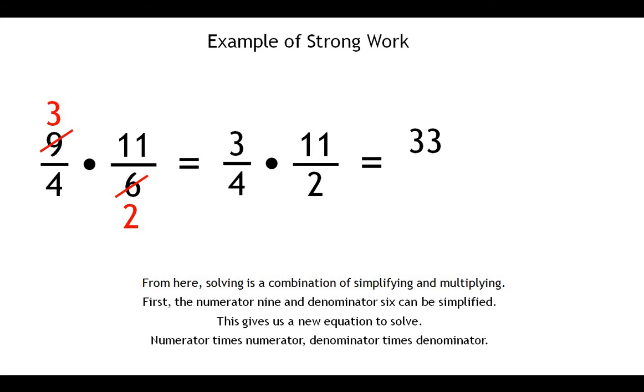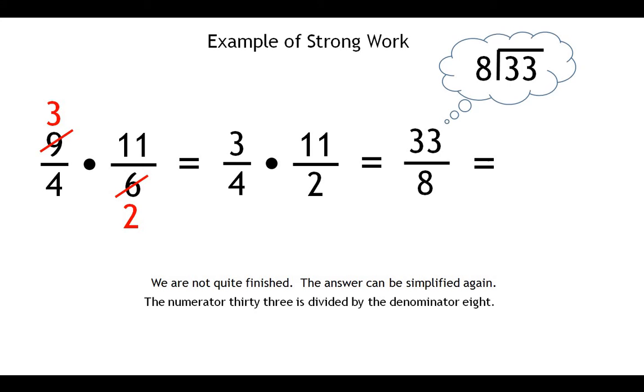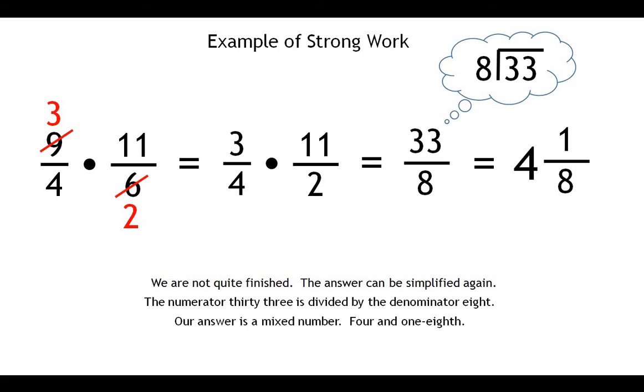Numerator times numerator, denominator times denominator. We are not quite finished. The answer can be simplified again. The numerator 33 is divided by the denominator 8. Our answer is a mixed number, 4 1/8.